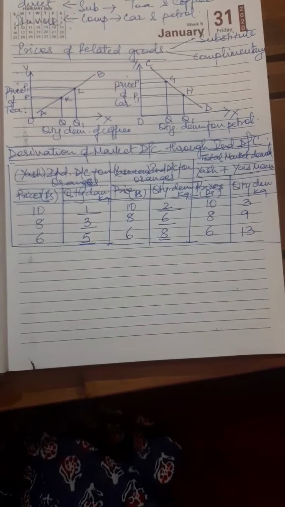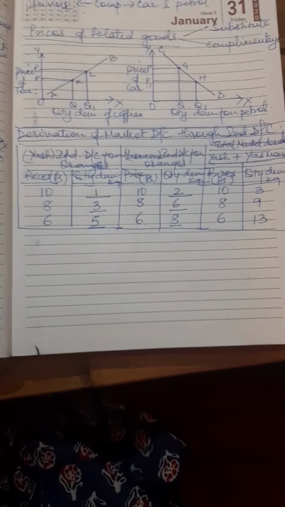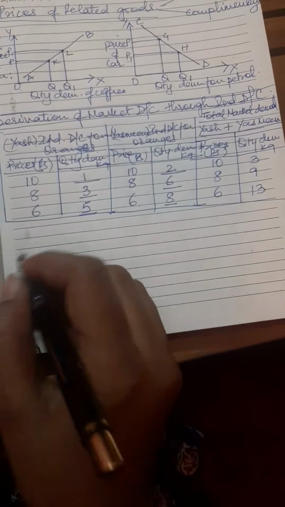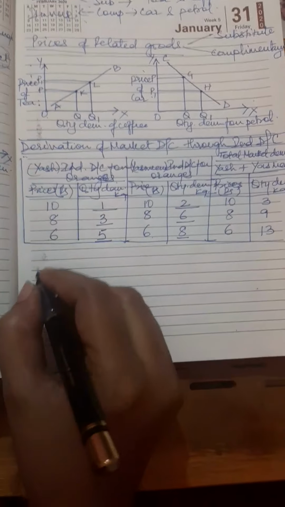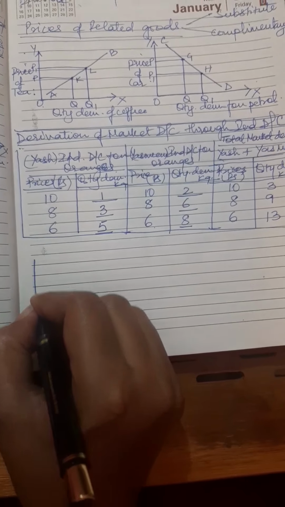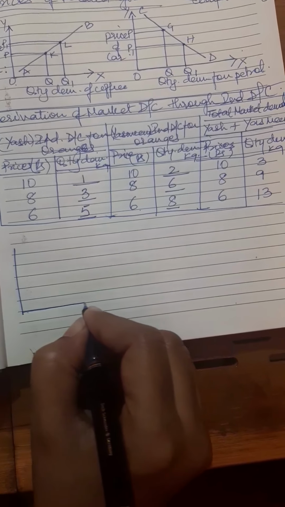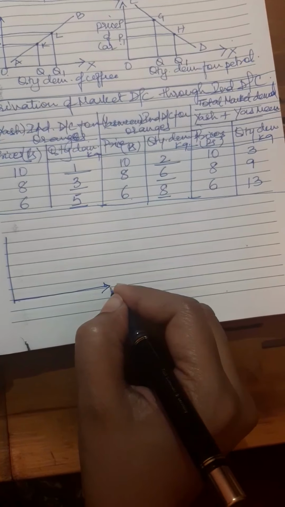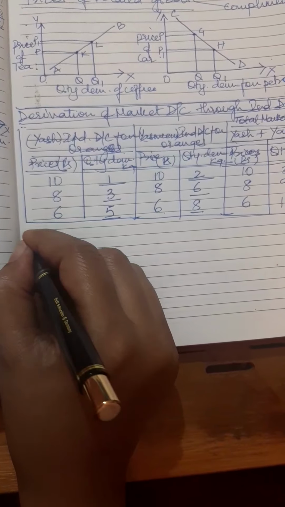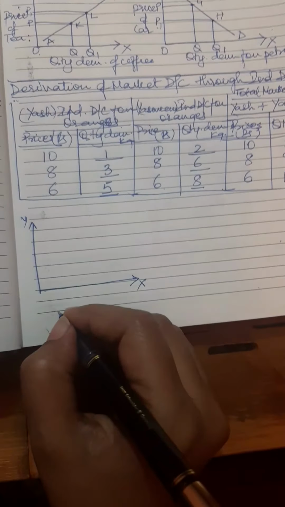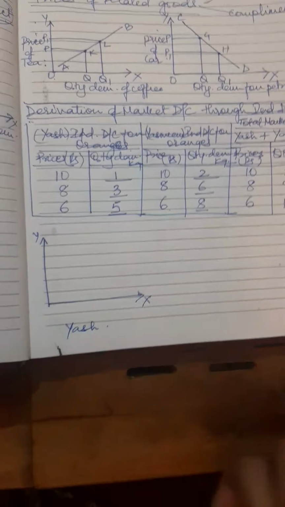Now if you have to derive the market demand curve through individual demand curves, once you plot it, though I'm not plotting it because of lack of time, I'm just drawing the curves directly. First you draw the individual demand curve for Yash, the first consumer.